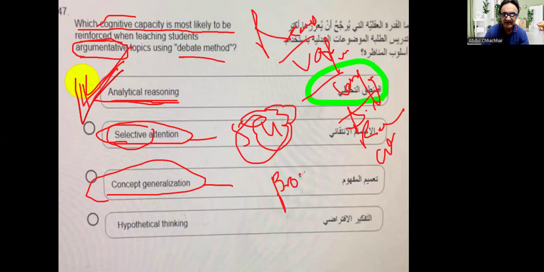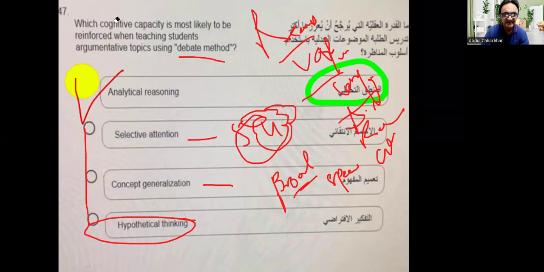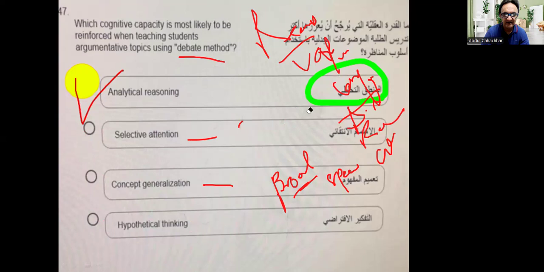Now in a debate, we don't make broad points. We make them very specific, with a conclusion. And what about the hypothetical? So these two things we are going to discuss, and why they're not the answer, okay? So the answer is analytical reasoning, but let me explain the selective attention first.